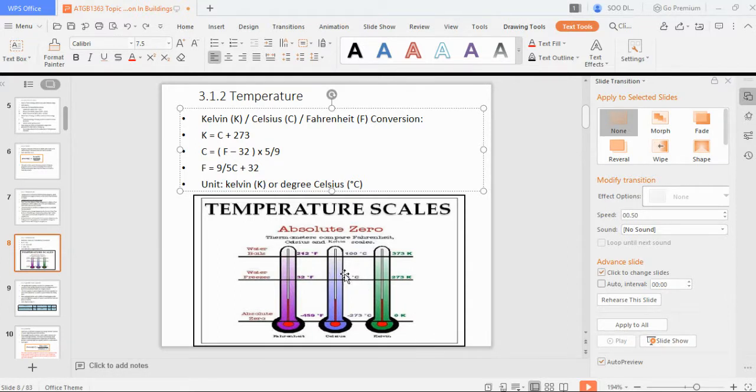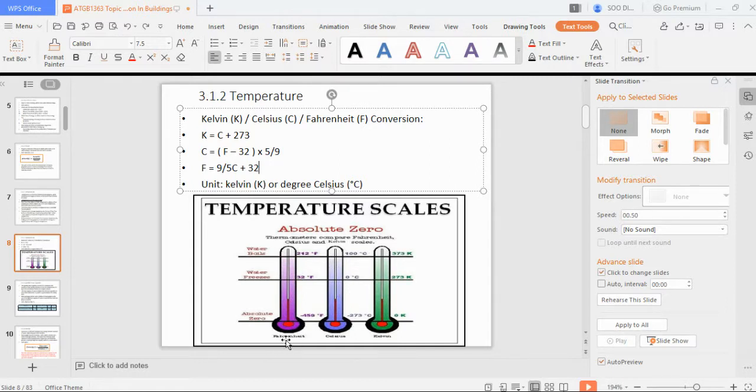And how Celsius came about is by using water as the base of the scale. At 100 degrees Celsius, water boils. This is a scale that is made using water's properties. And at 0 degrees, water freezes. So Celsius is a scale of measurement based on water.